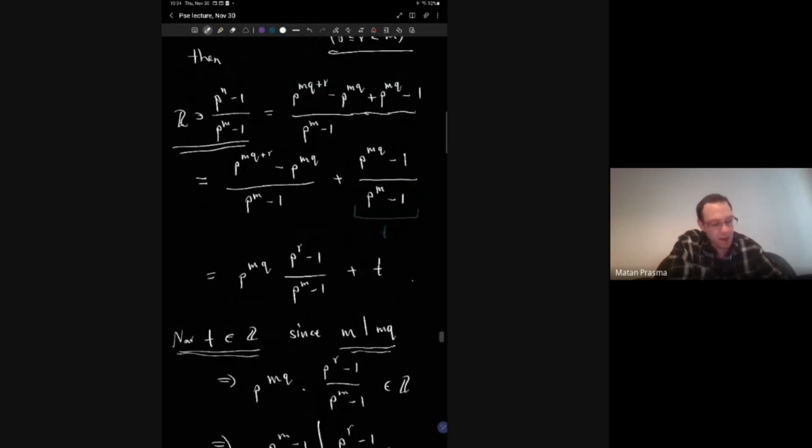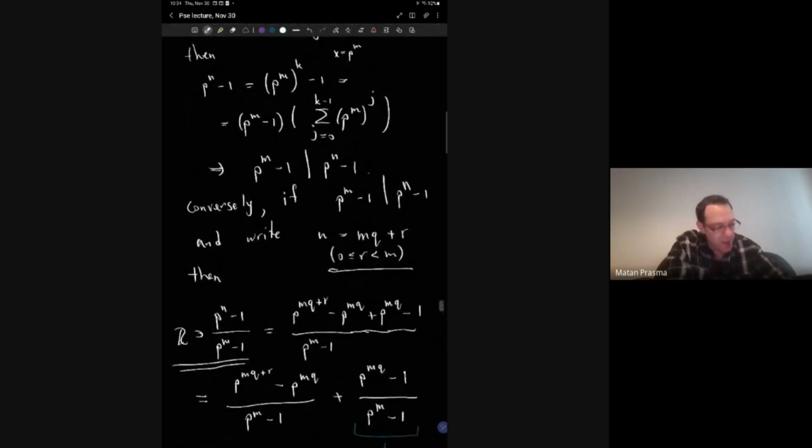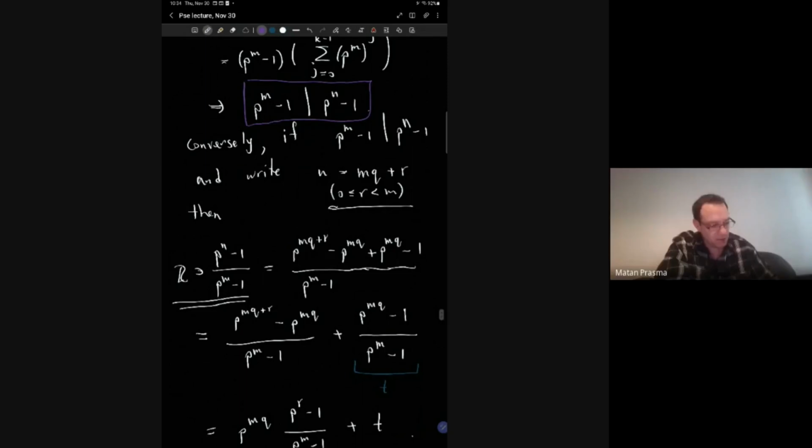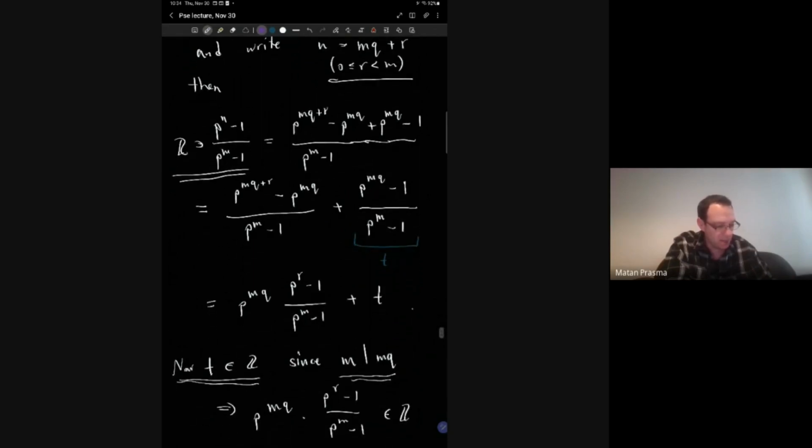I mean, the first part of the claim was that if m divides n, then we have this division relation. I use it when I claim that t is in z. m divides mq, so p to the m minus 1 must divide p to the mq minus 1.